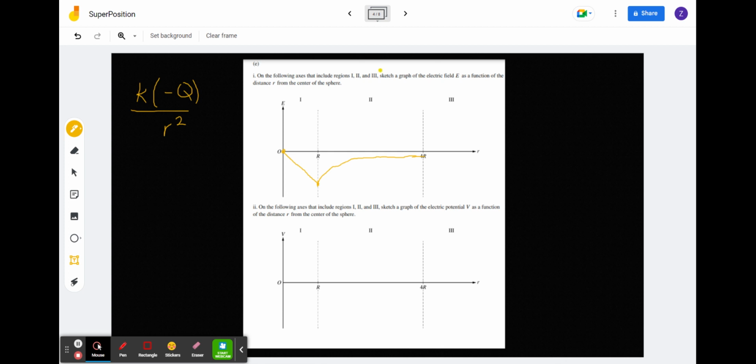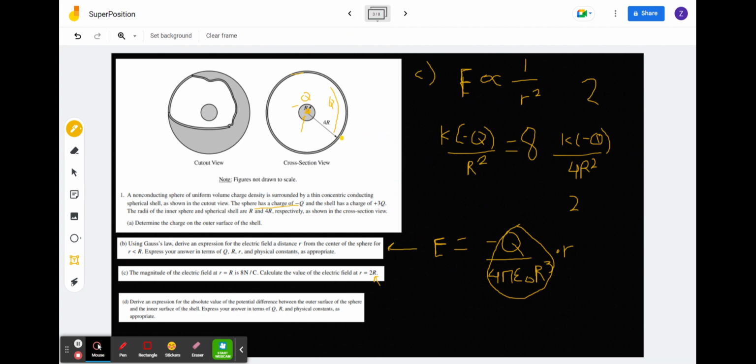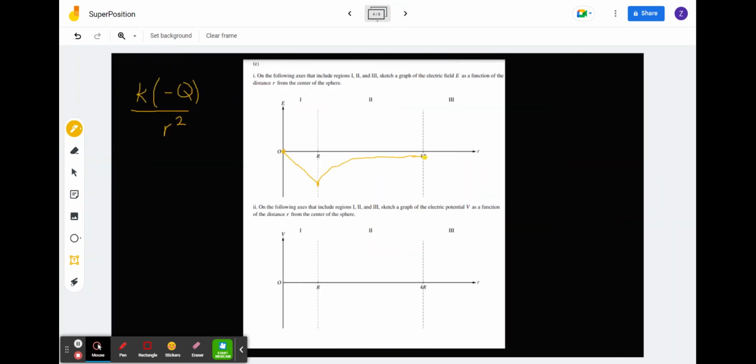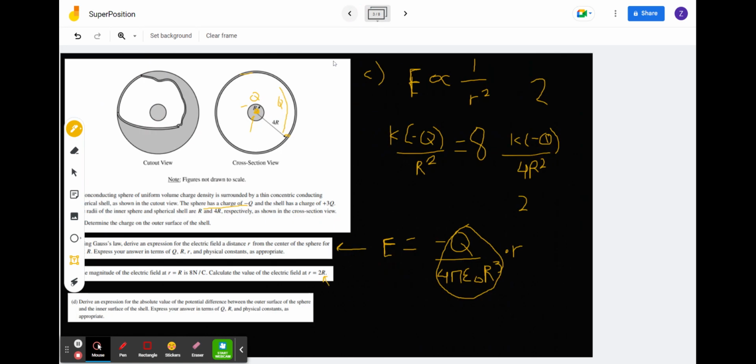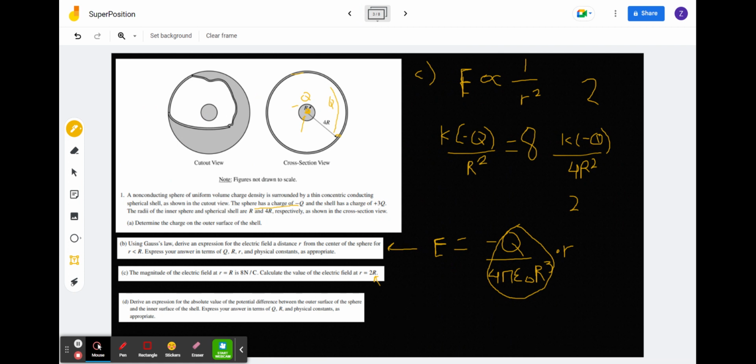And then the next thing is between 4r and infinity. So after we reach 4r, we're ignoring the thickness of the conductor. But technically, right at this point, at 4r, the value should be 0 because we're inside the conductor. But continuing onwards, we can approximate this entire system, since they're all spheres, or spherical shells, as a point charge in the center with the net charge of 2q, because the shell has a charge of 3q and the inside has a charge of negative q.